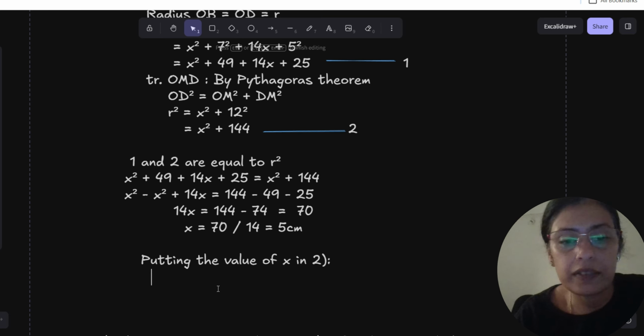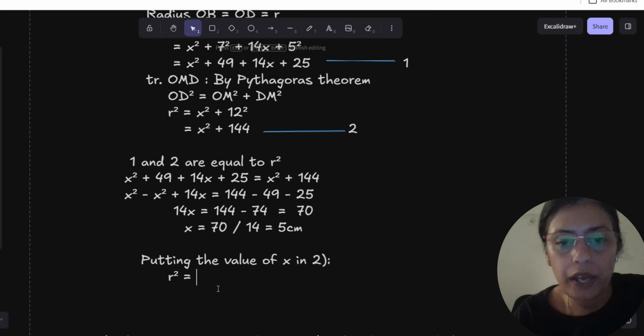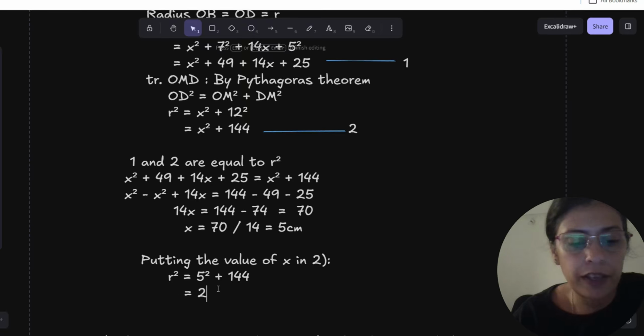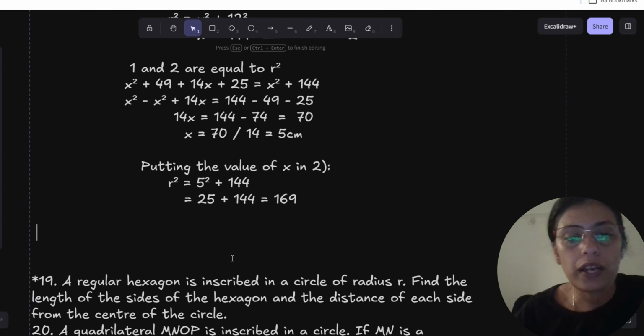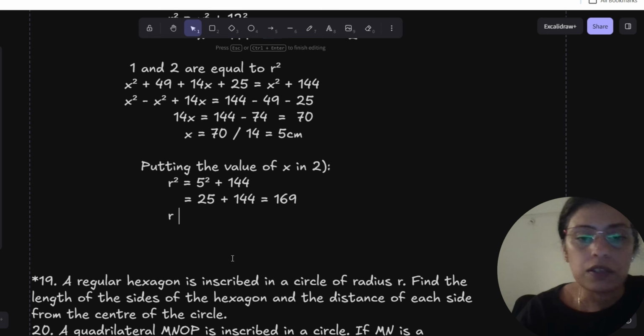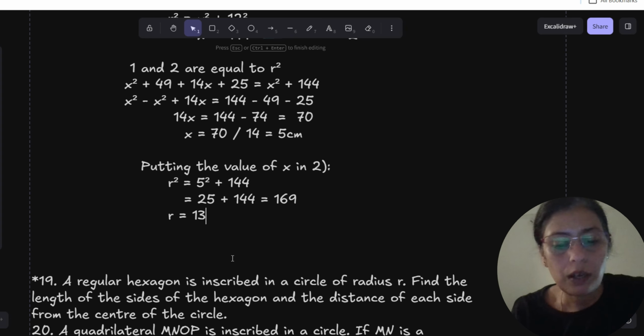What we are getting, r square is equal to x square, which means 5 square plus 144. This is equal to 25 plus 144, which is equal to 169. And you know, right? We have seen in so many questions now. What is the square root of 169? 13. 13 into 13 is 169.